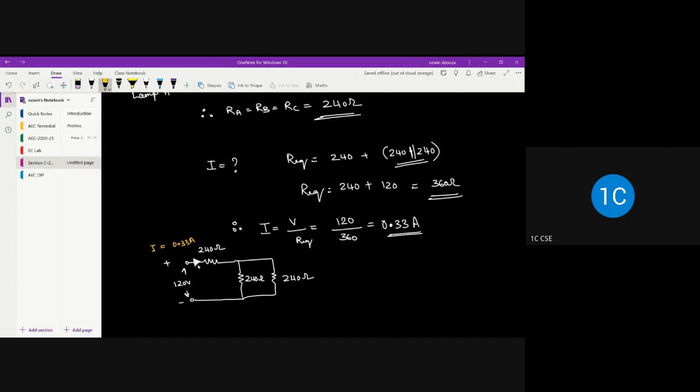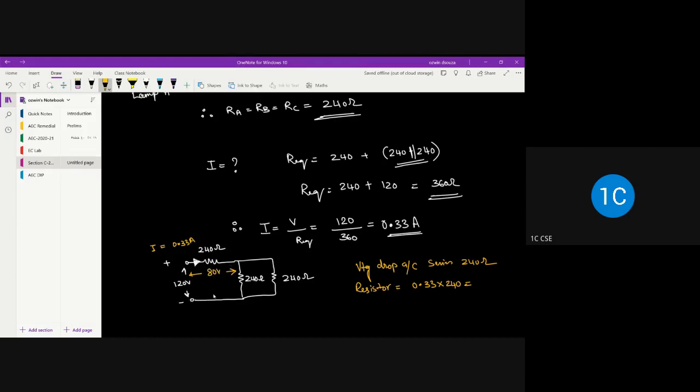So you can find out the voltage drop across the series 240 ohm resistor, which is 0.33 into 240. That's 80 volts.